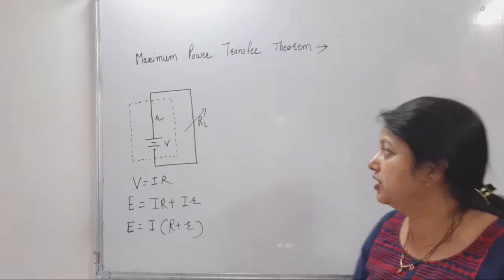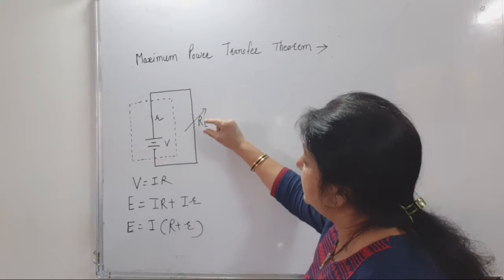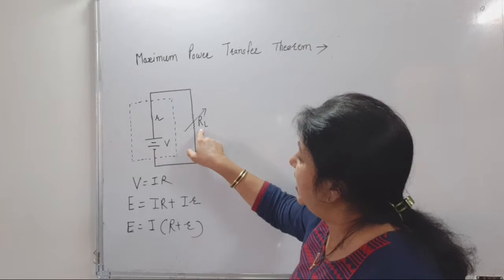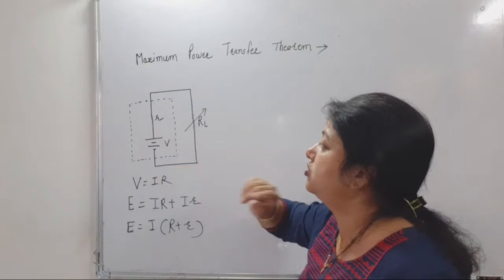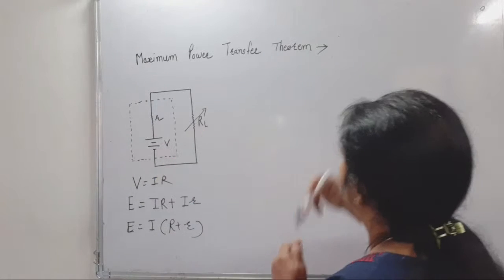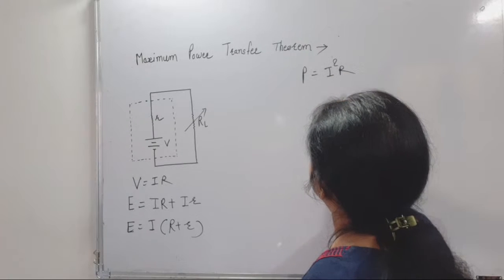So here, by varying this, when we adjust that RL exactly equal to internal resistance, then maximum power is transferred from source to load. Power P is equal to what? I square R. Okay.